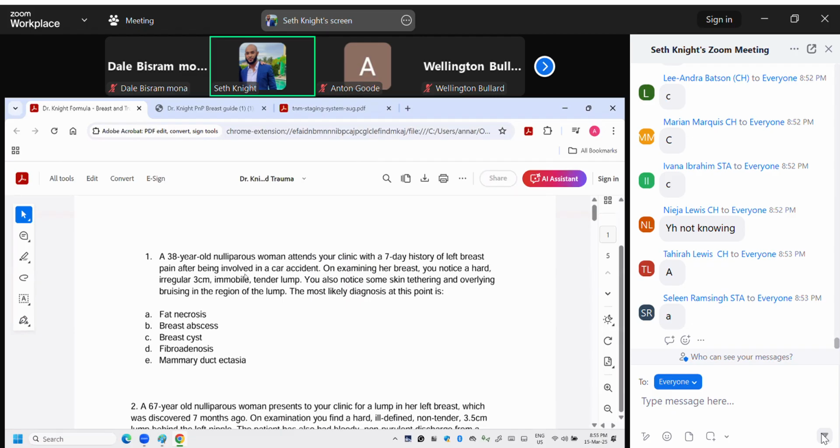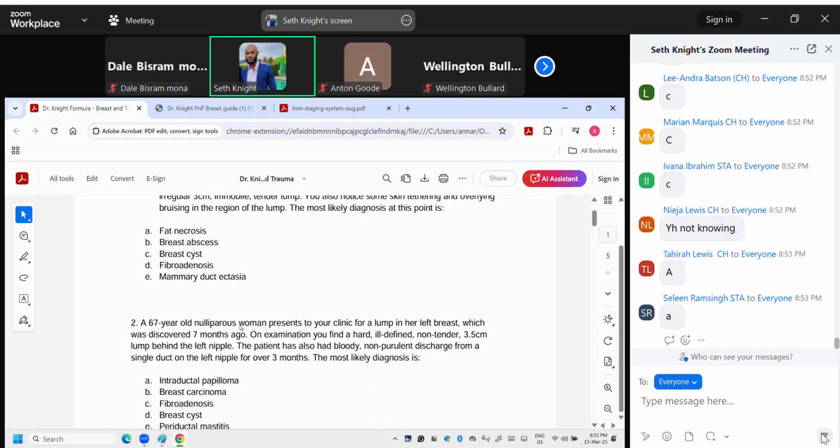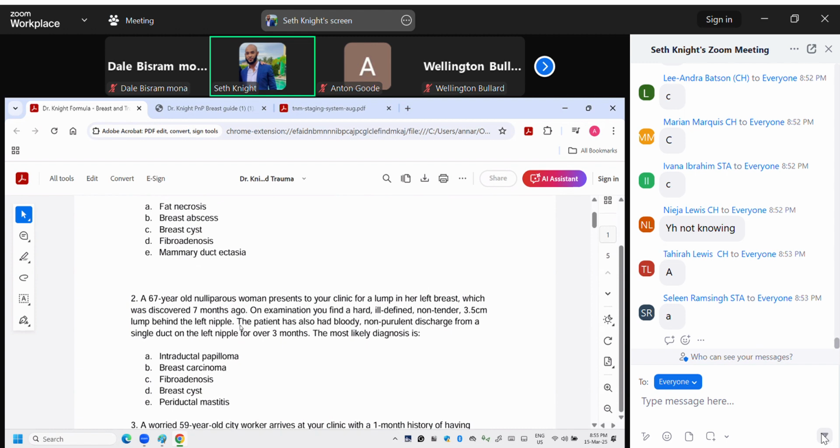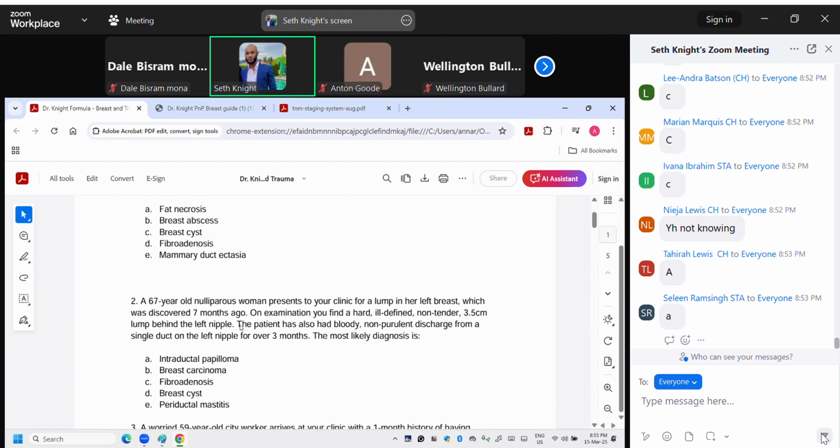So breast cancer doesn't typically cause pain, and then there are things like the bloody discharge and so on that we would have seen for breast cancer. So skin tethering, yes, kind of suspicious. Yes, she's nulliparous. But the most likely diagnosis at this point, because of that history of trauma, is indeed fat necrosis.